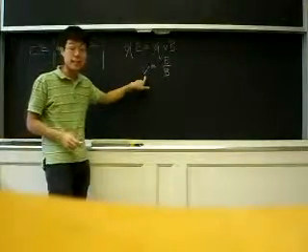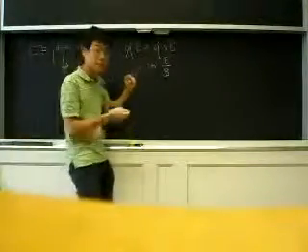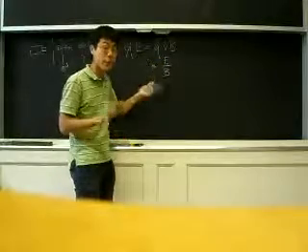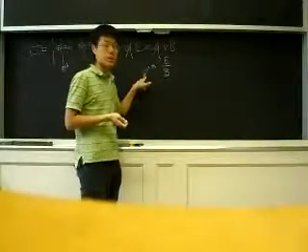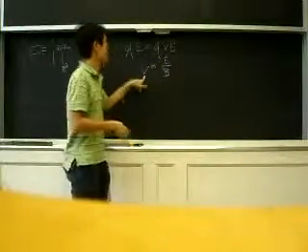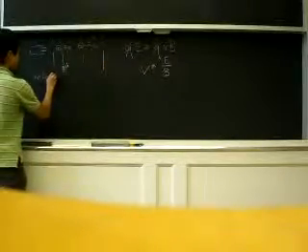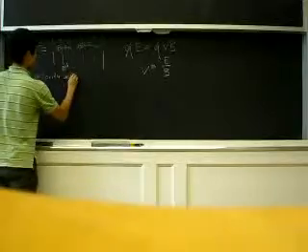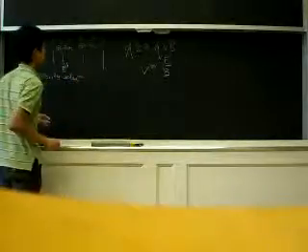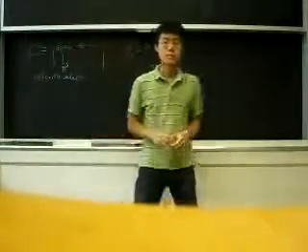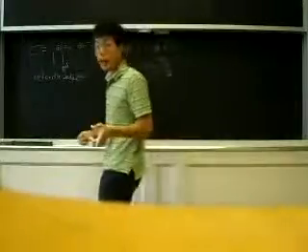Has to have this velocity here. So I can actually tune the E and B fields to get particles of a particular velocity. So we call this setup here a velocity selector. Okay?